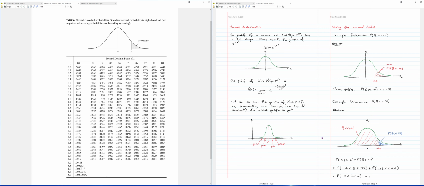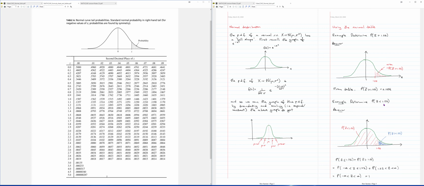Okay, now let's take a look at this one. We want the probability of z less than 1.25. What you want to notice is that this is not going to come directly from this table. Again, you should draw a sketch and indicate this probability by an area under the curve.